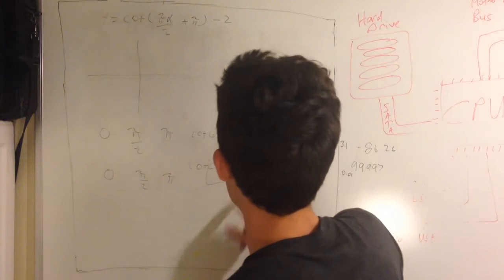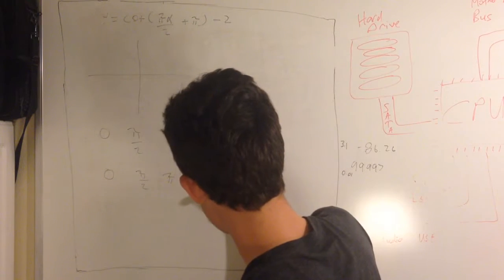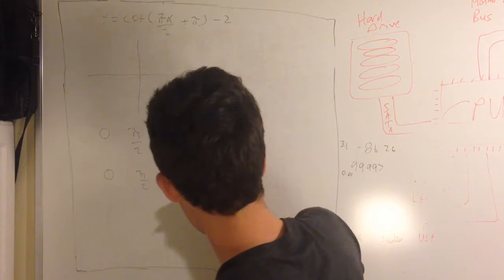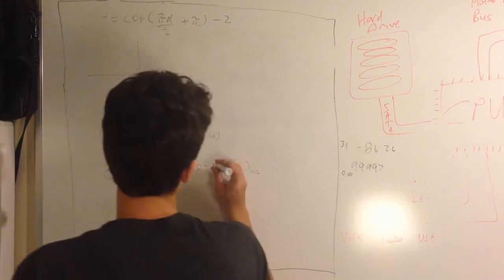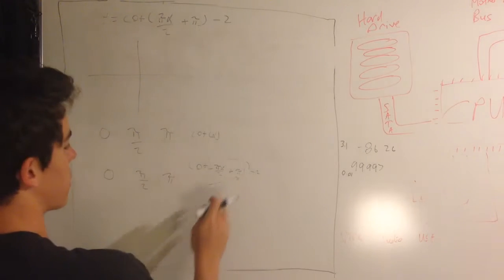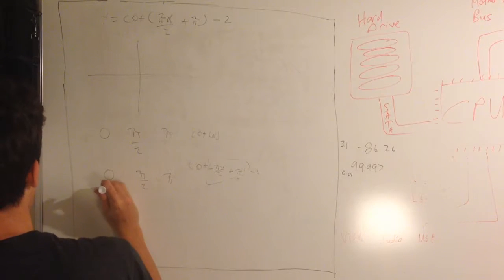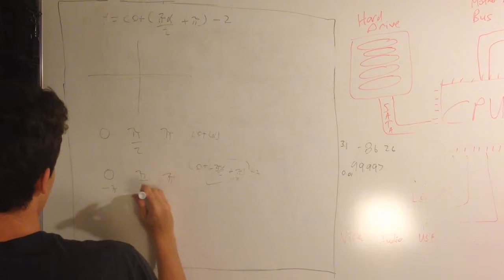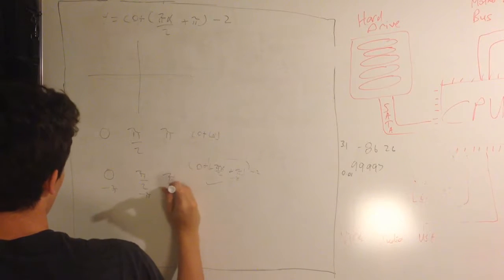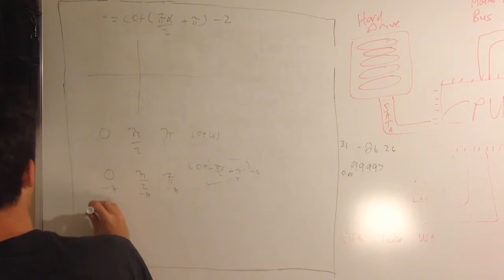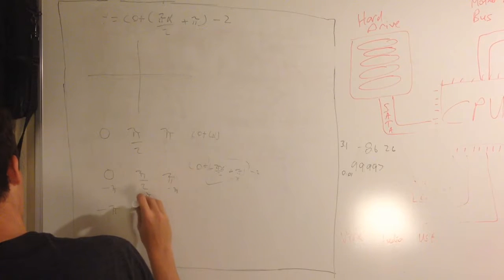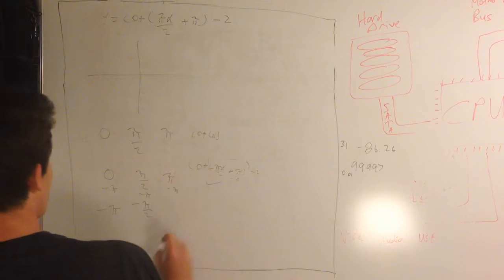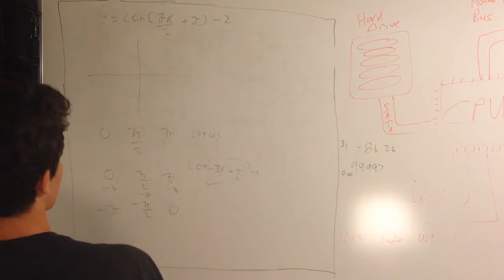So, by reverse PEMDAS, we're going to subtract pi on all 3 points. And we're going to end up with 0, negative pi over 2, and 0.